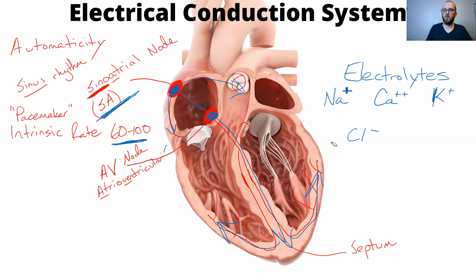Now, a couple of them are more impactful on cardiac functioning than the others: calcium and potassium. Always remember, if we're looking at the electrical conduction system, or putting somebody on the monitor and looking electrically at what their heart's doing, we look at ECG.